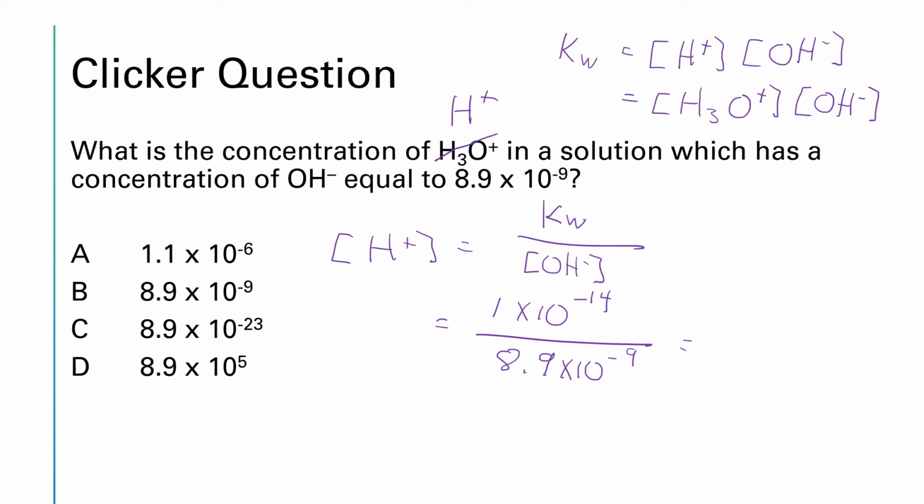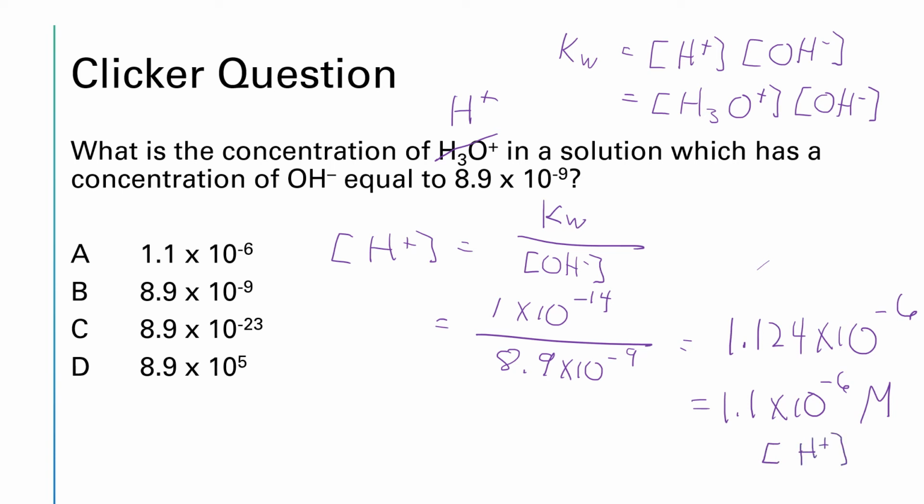So 1 times 10 to the negative 14 divided by 8.9 EE negative 9, and that's giving me an answer of 1.124 times 10 to the negative 6. For significant figures, it looks like we've got about 2 sig figs available, so that'll be 1.1 times 10 to the negative 6 molar for the hydrogen ion, or H3O plus if you prefer.